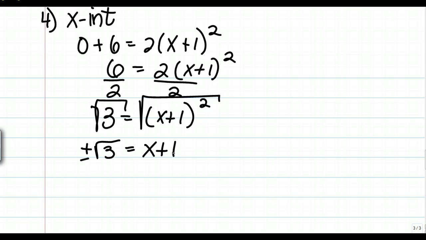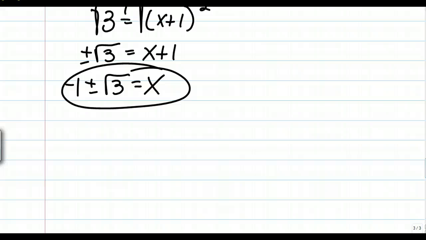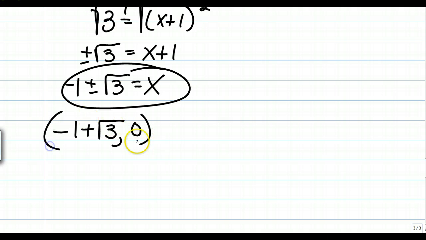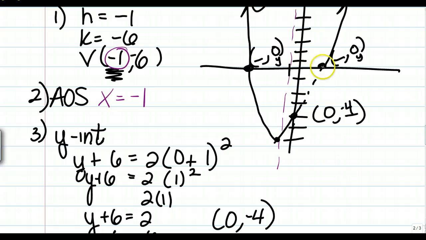Then x plus 1, and you would just subtract 1, and you would have x equals this. Okay? So you have the points right now: negative 1 plus radical 3, comma 0, and I would accept this answer on the test. And negative 1 minus radical 3, comma 0, and these would be your 2 points. And that's where they cross here and here.